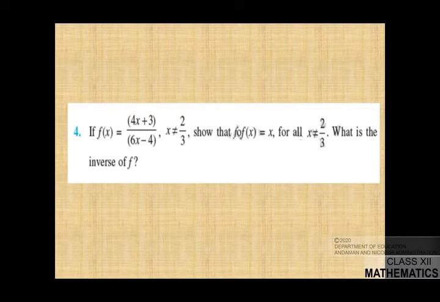The 4th question is, if f(x) is equal to (4x plus 3) by (6x minus 4), x not equal to 2 by 3, show that f of f(x) is equal to x for all x not equal to 2 by 3. What is the inverse of f?